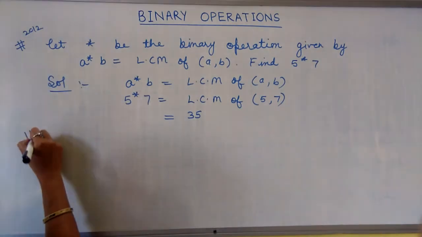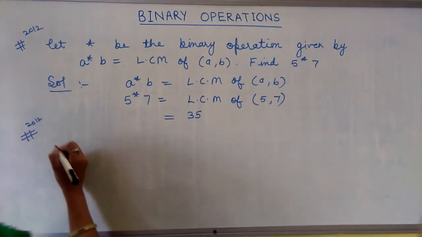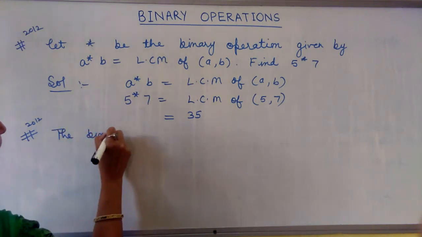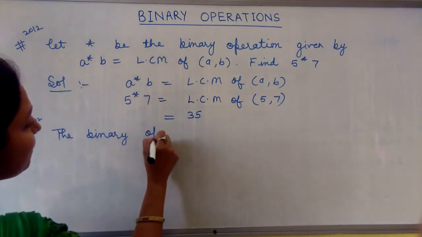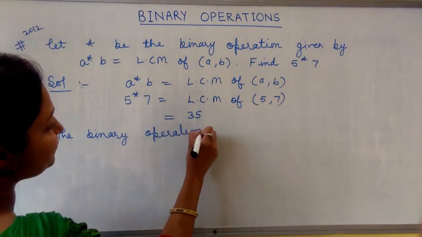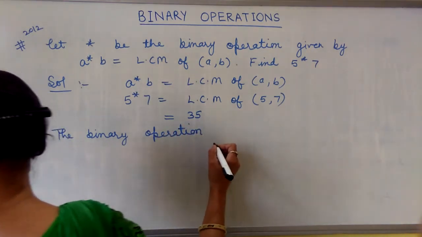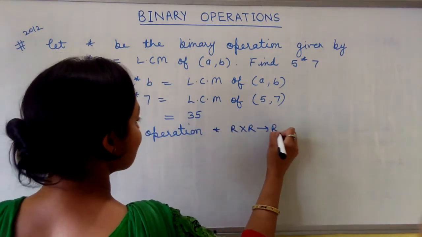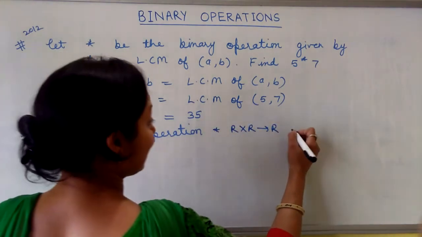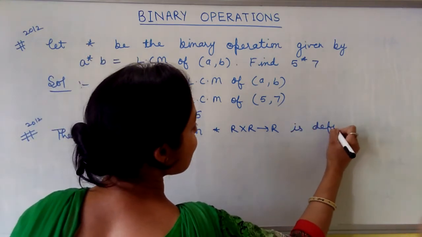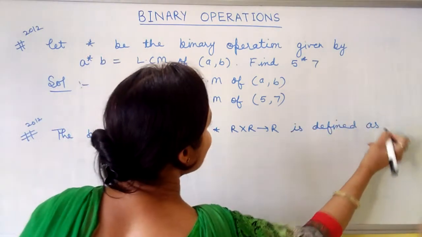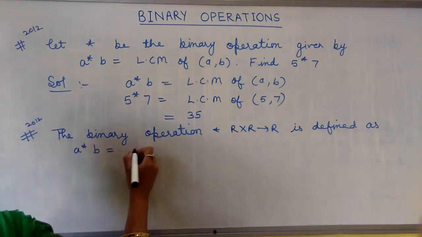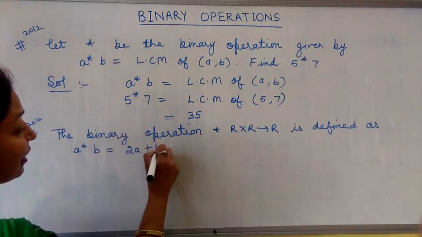One more question that came in 2012. The question is: the binary operation star, R cross R to R, is defined as a star b is equal to 2a plus b.